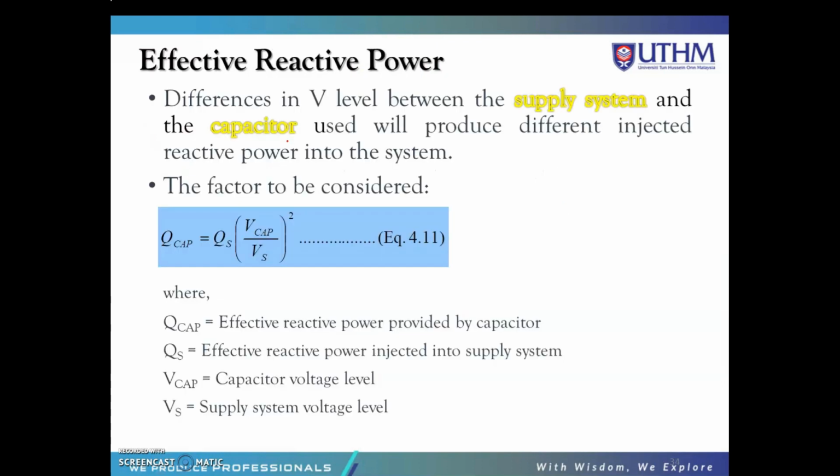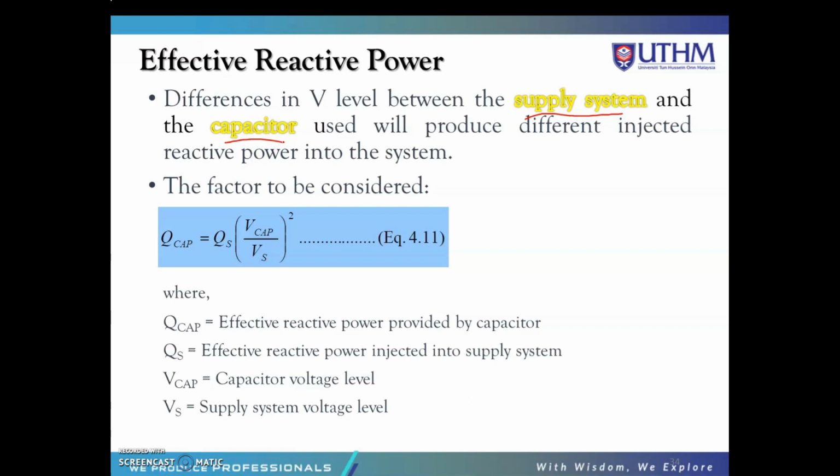Okay, so we look at the effective reactive power. Differences in voltage level between the supply system, Vs, and the capacitor, Vc, used will produce different injected reactive power into the system.